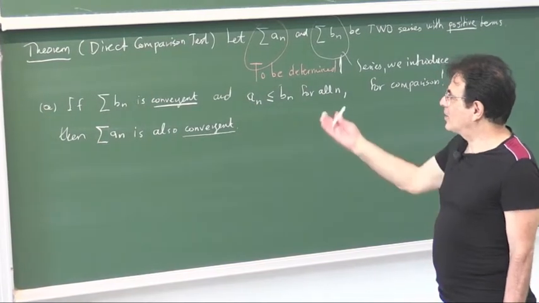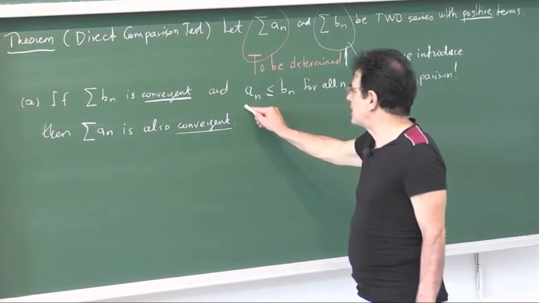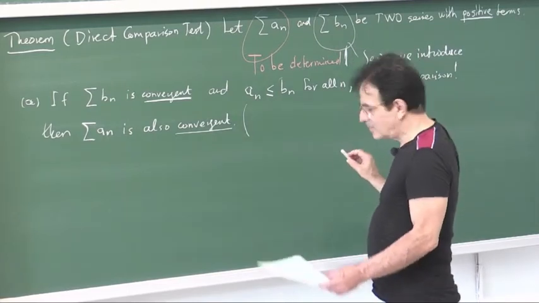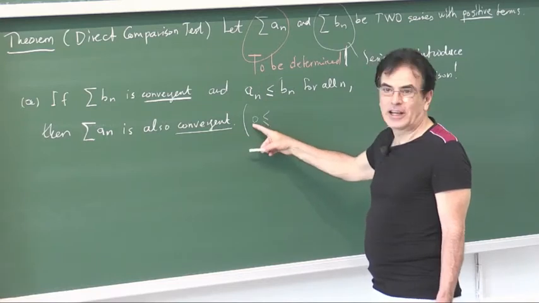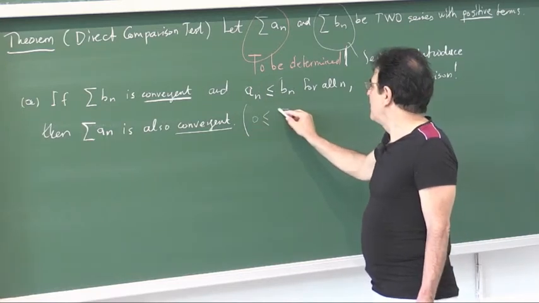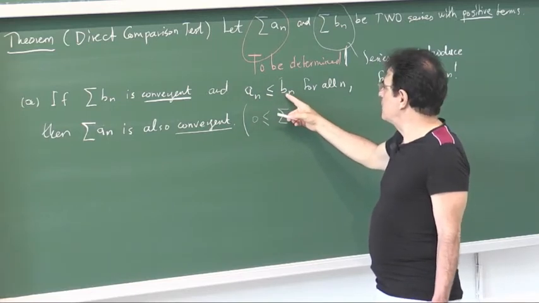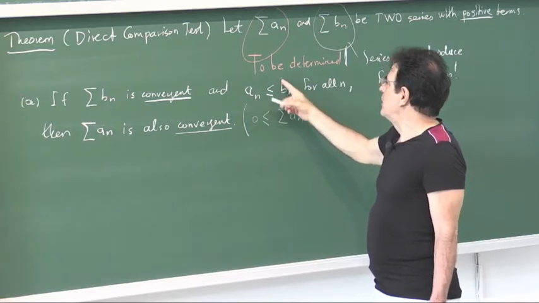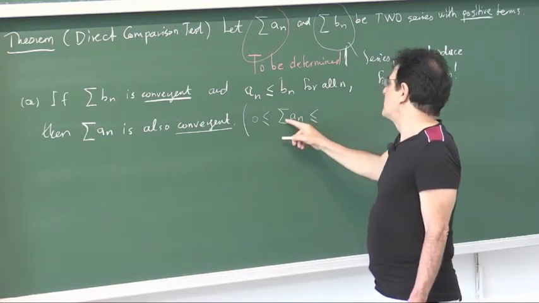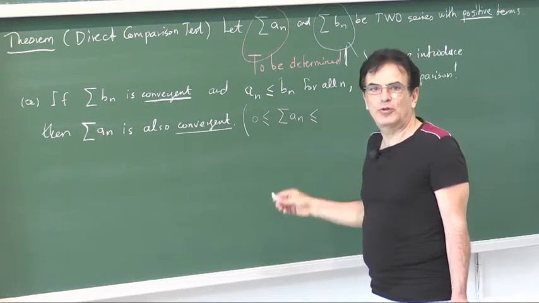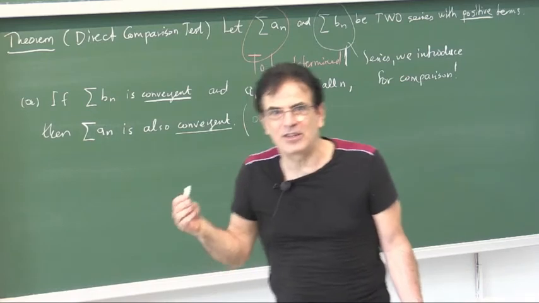Now, the proof of this statement is very obvious. Roughly speaking, both series are larger than 0. And because the terms of the second series are larger, sigma an should converge to a smaller number than the sum of the second series, if it exists.